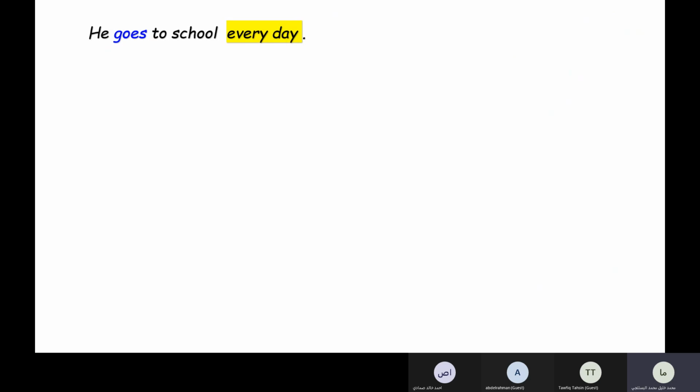And be careful with the s. The s is used with what? Singular. If the verb one is preceded by a singular subject, we have to add s. But with I, we, they, you, we do not add s.